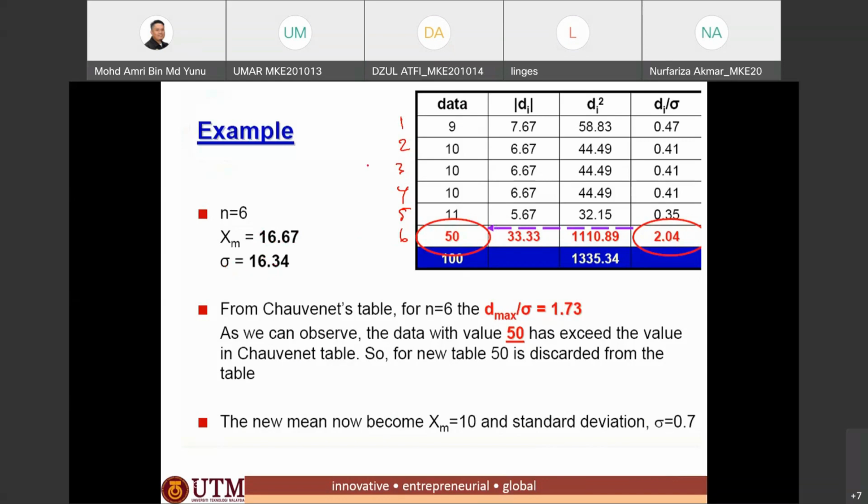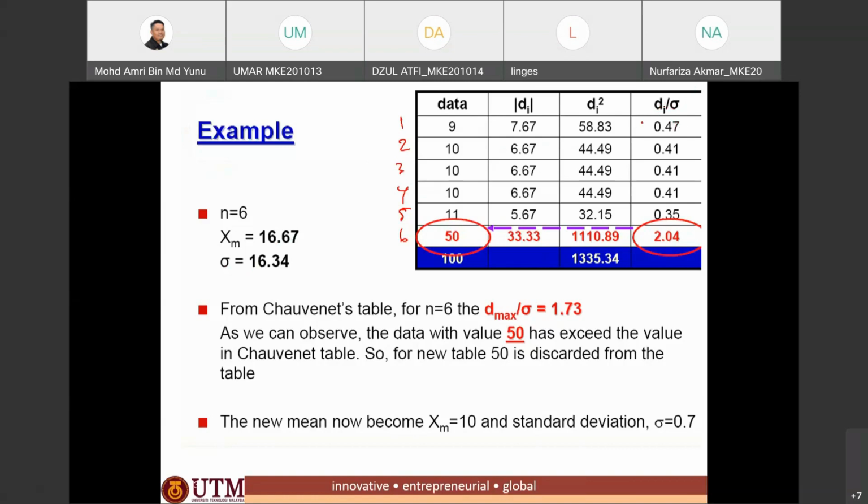We have discussed how we get the standard deviation, and we add another column here on the right hand side: basically the deviation or the offset divided by the standard deviation value, for each data point.